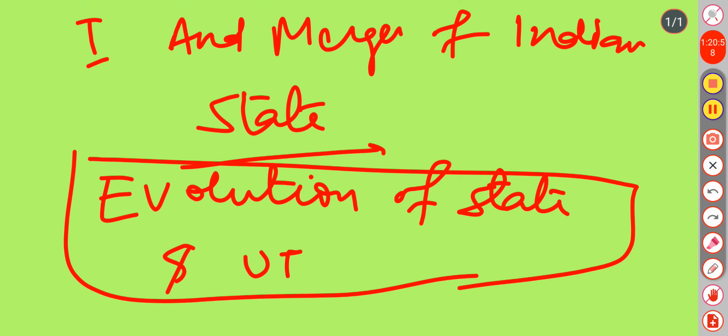So according to the Dhar Commission, the Constituent Assembly appointed the S.K. Dhar Commission in 1947 to study the issue of the reorganization of the states on a linguistic basis. Okay, so the Dhar Commission categorically rejected the basis of linguistic formation of states. Now, the JVP committee.